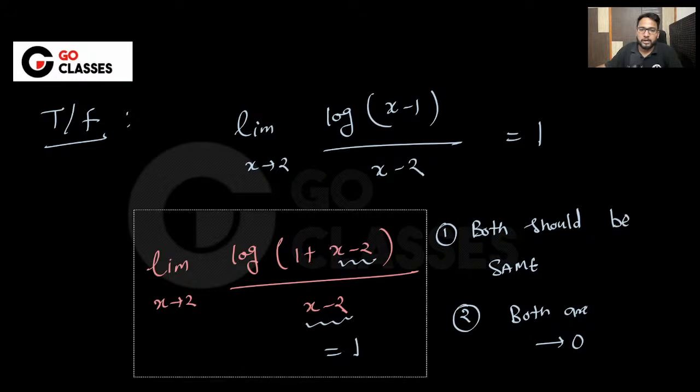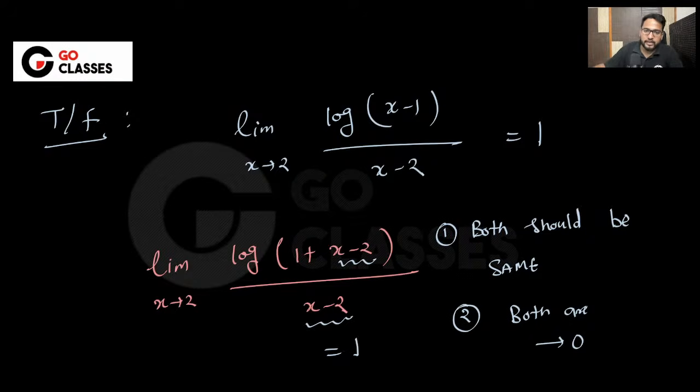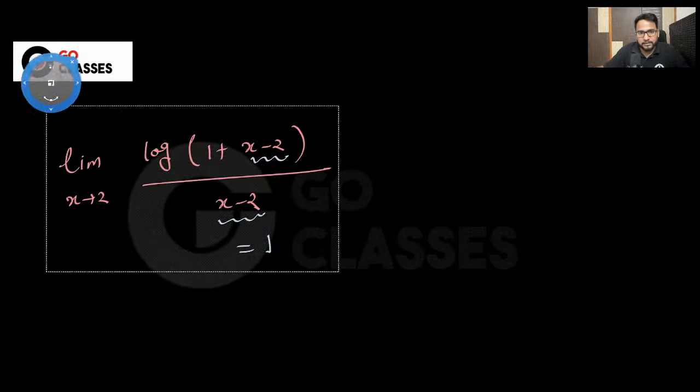I hope you understood. Now let me ask you the next question. Suppose you have something like this, 2x minus 4. Now tell me what is the answer? See, is this going to 0? Yes. Is this going to 0?